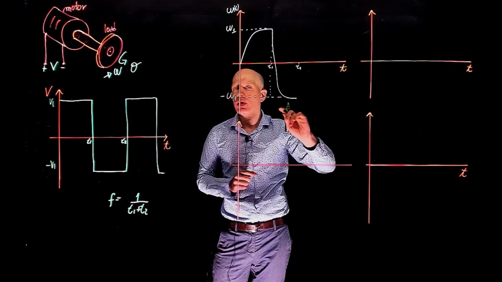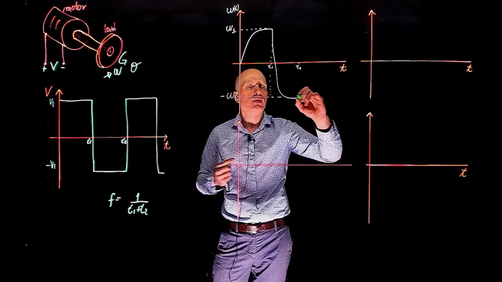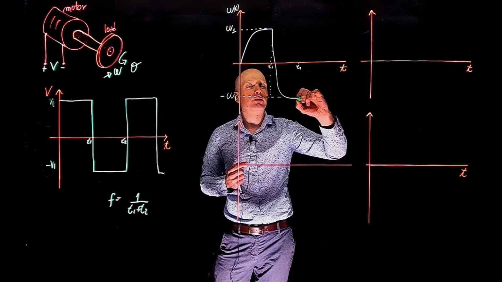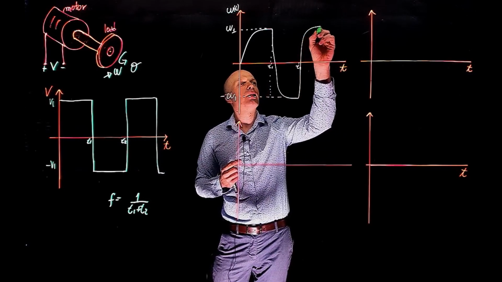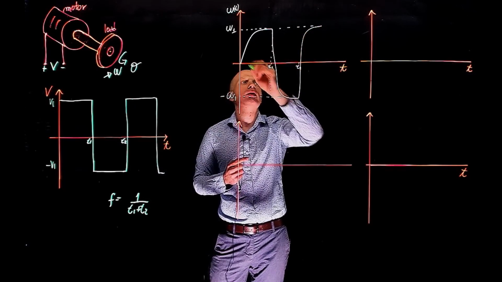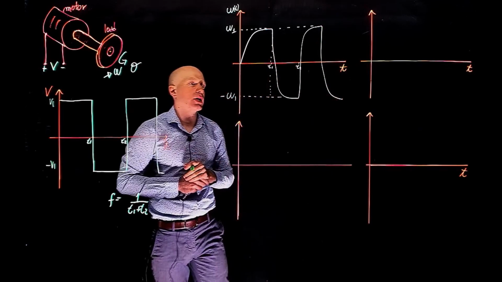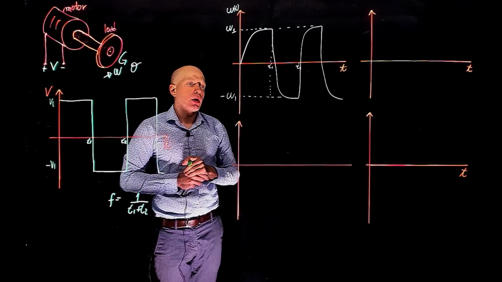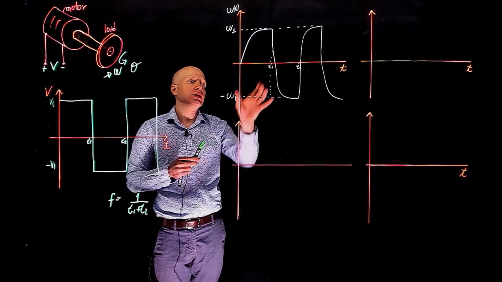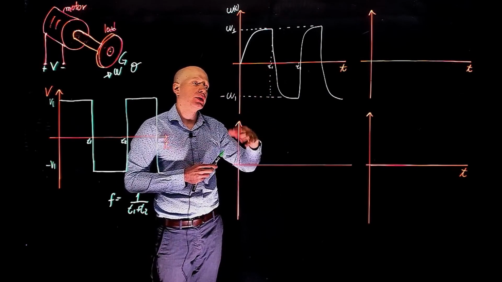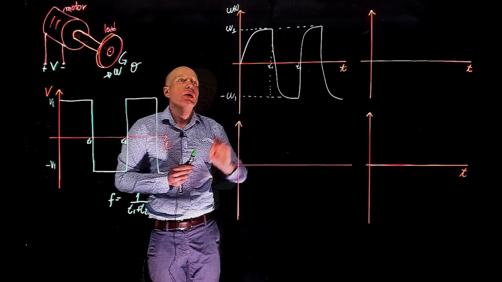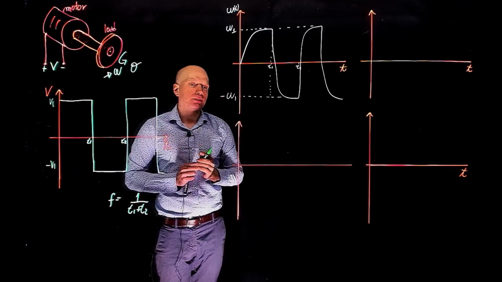Once at T2, we reverse the voltage again. So the speed of the motor will now go up and reach again the same value and so on. And now it goes back down and this cycle continues. The assumption once again is that T1 is sufficiently large to let the motor reach that maximum speed, and we reach the speed omega 1.